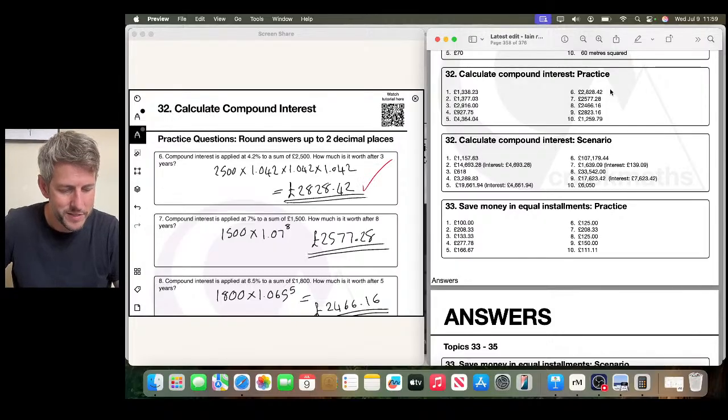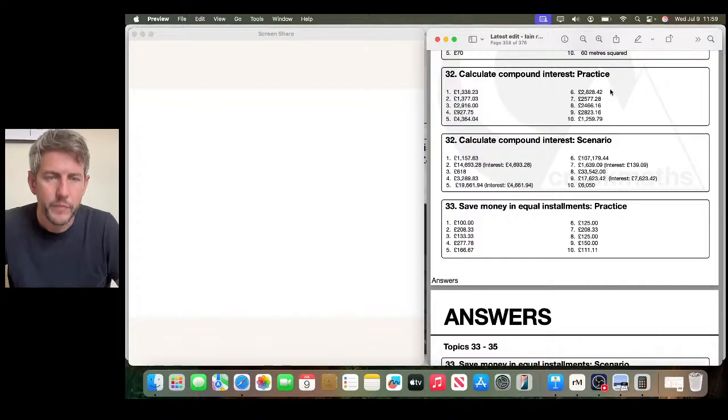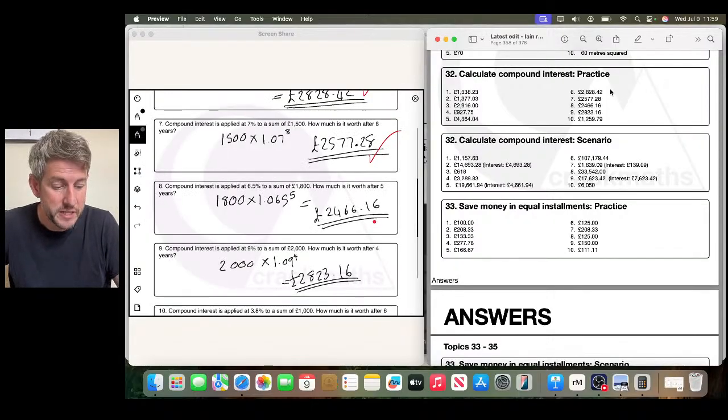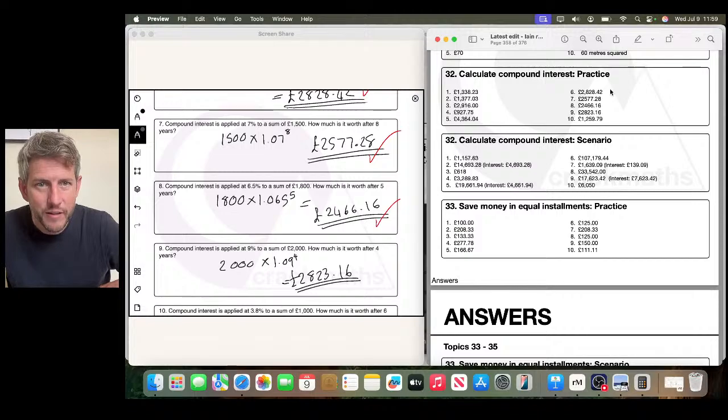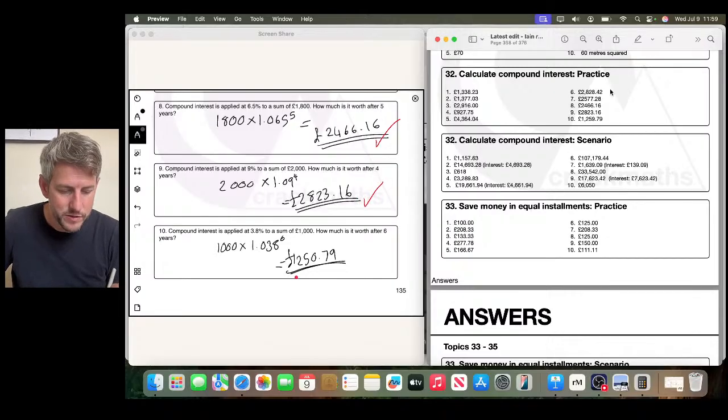Yeah, that's correct. £2,577.28. Yeah, that is correct. £2,466.16. Yeah, that's correct. £2,823.16. Yeah, that's correct. And then 1,000.